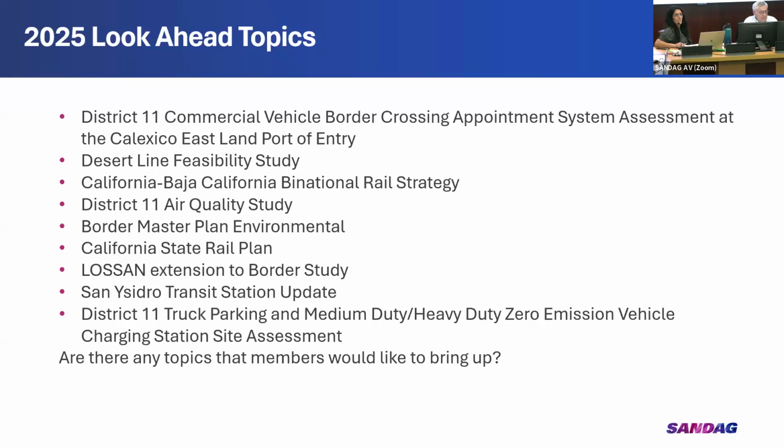Our next meeting is October 2nd, and we'll continue. I just wanted to add, if there are any topics beyond the ones listed here that members would like to bring up, because your organizations are working on something related to the issues we have been talking about, feel free to contact me and let me know.